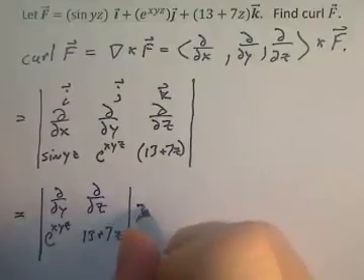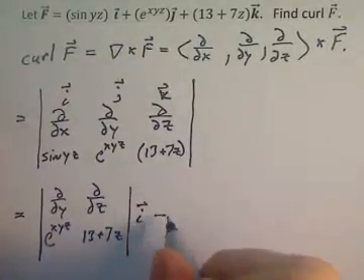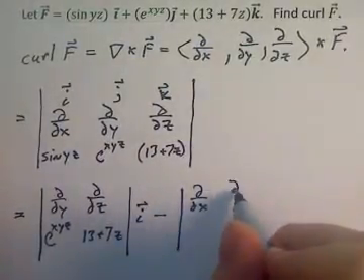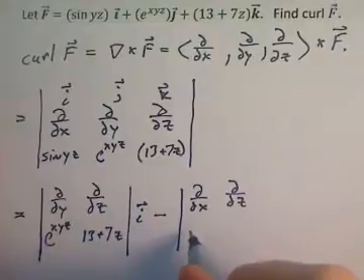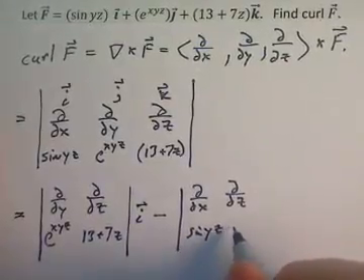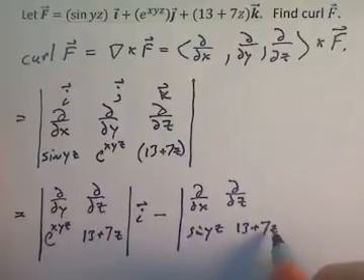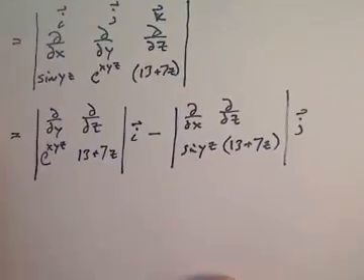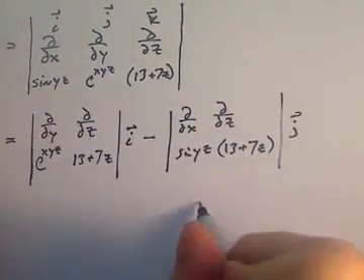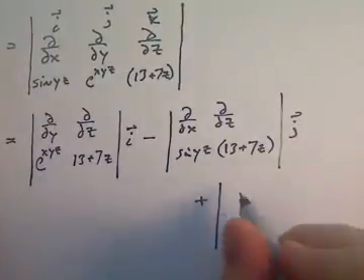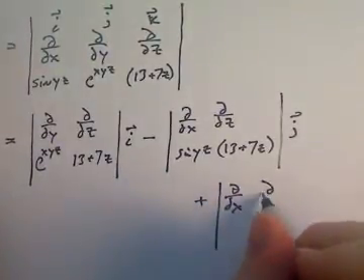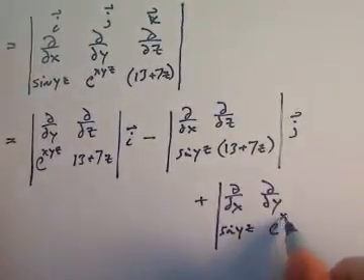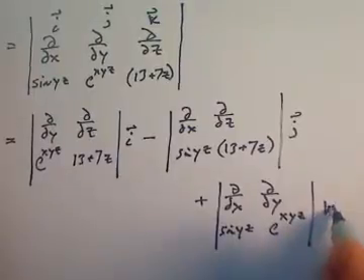This is i, and then I have minus on my j's here, partial with respect to x, partial with respect to z, sin(yz), and 13 plus 7z, again here, j. And I need some more room for my k part, so I have plus, and then partial with respect to x, partial with respect to y, sin(yz), e^(xyz), k.